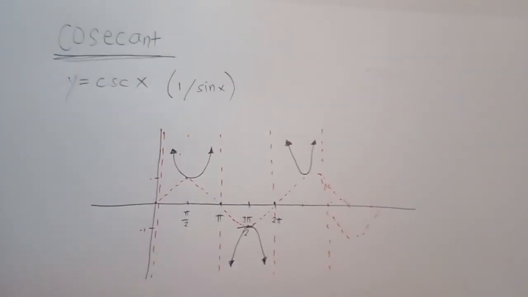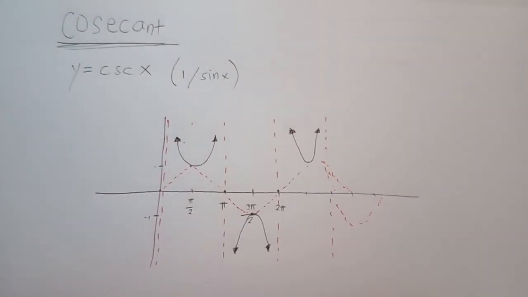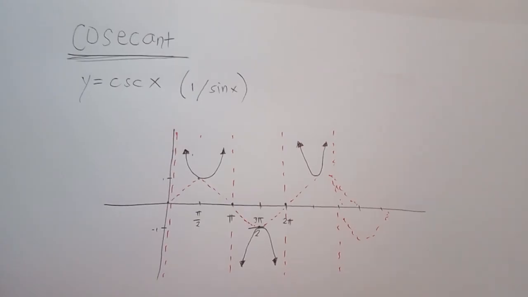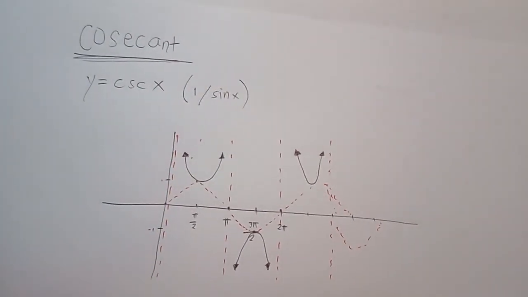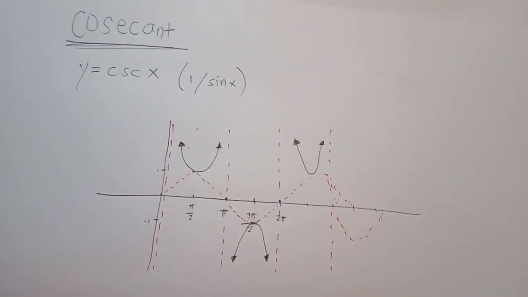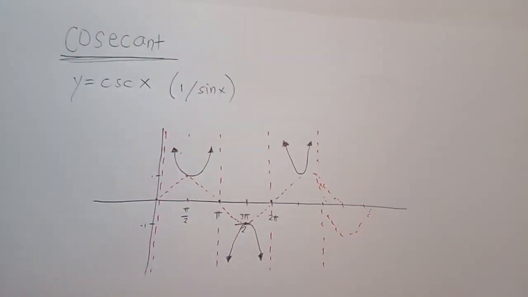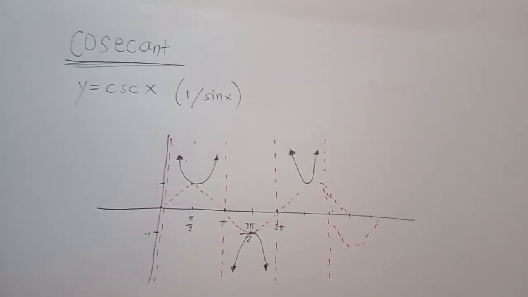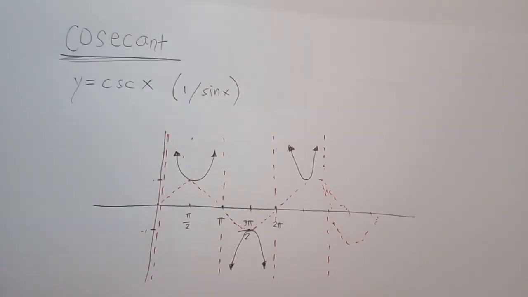How can we graph the cosecant function? It's important to understand that cosecant is 1 over sine, and if you can graph a sine function, you can graph the cosecant function. The rules for cosecant are similar to the rules for sine.